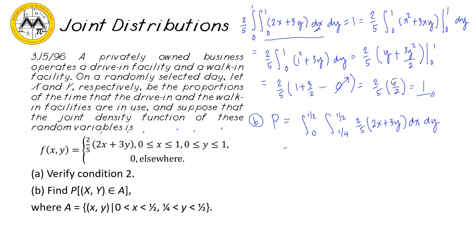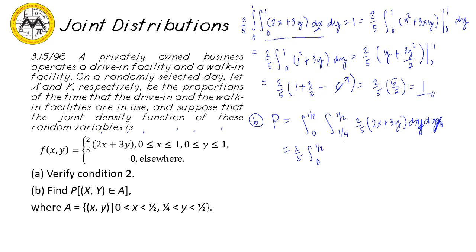So this would be equal to 2 over 5. Since 1/4 to 1/2 is y, you have your inner limit to be dy and then the outer limit should be dx, so 0 to 1/2.